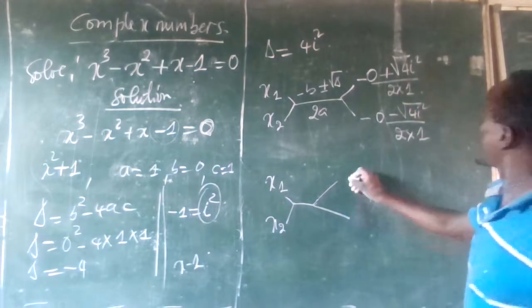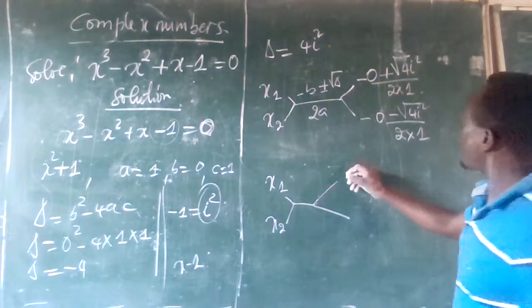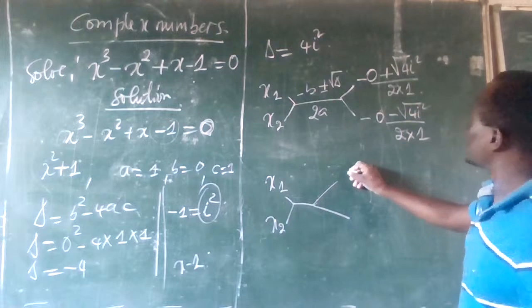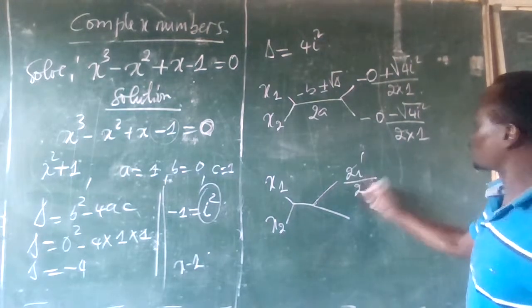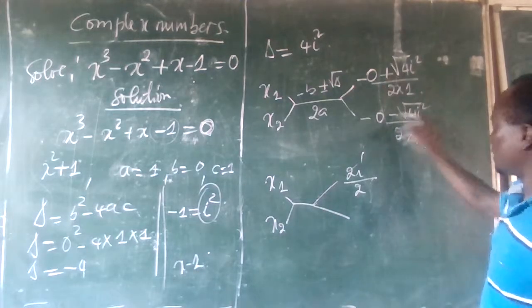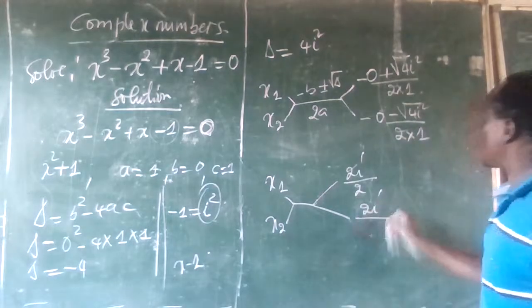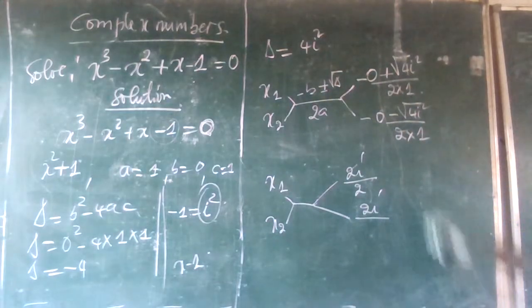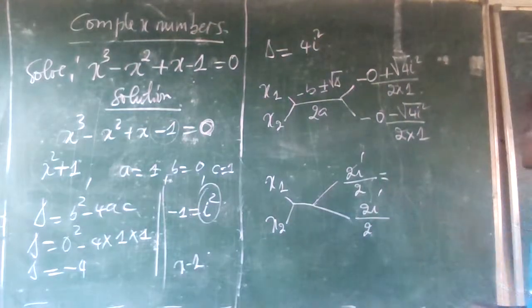This will remain with 2i over 2, and here we have 4, where it is 2i over 2. Finally, this is it. Now, how is the final? Please finalize.